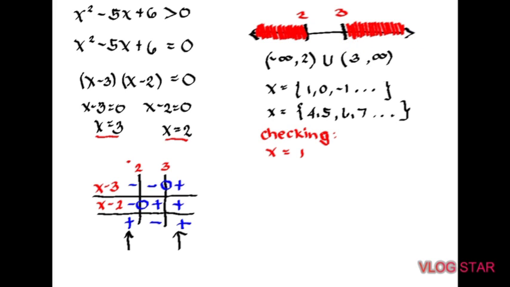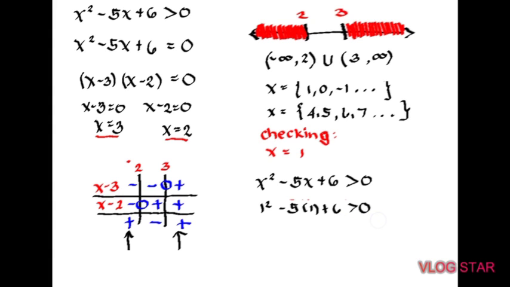So let's check if x equals 1 is a solution to our quadratic inequality. So again, we copy the original given, x squared minus 5x plus 6 is greater than 0. And then we substitute 1 for x. So this became 1 squared minus 5 times 1 plus 6.